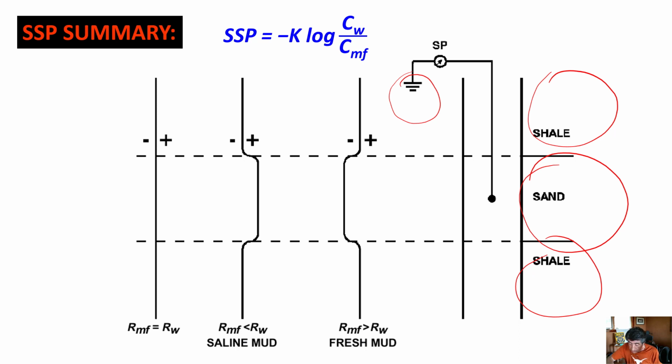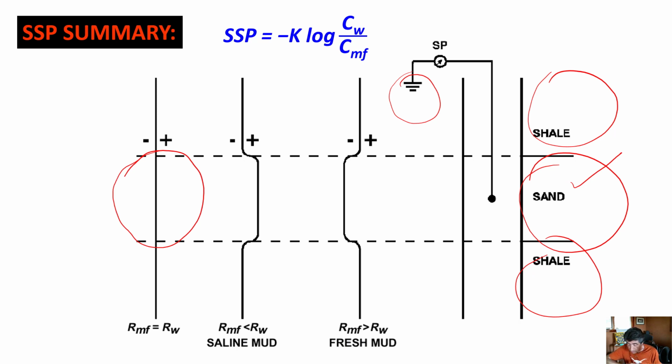And that electric field is due to the superposition of membrane and diffusion potentials. Now, if the electrolyte concentration gradient between the mud and the formation is zero, then the measurement will be zero. There's no concentration gradient, there's no movement of ions.